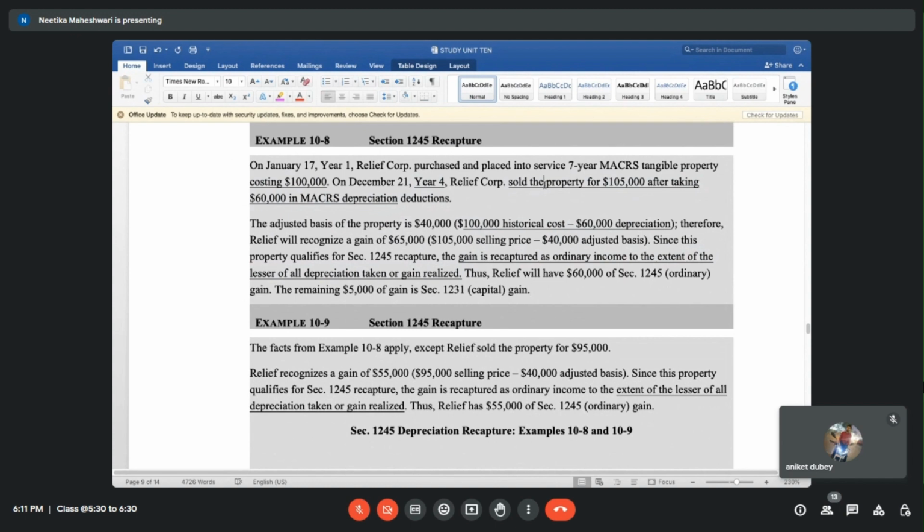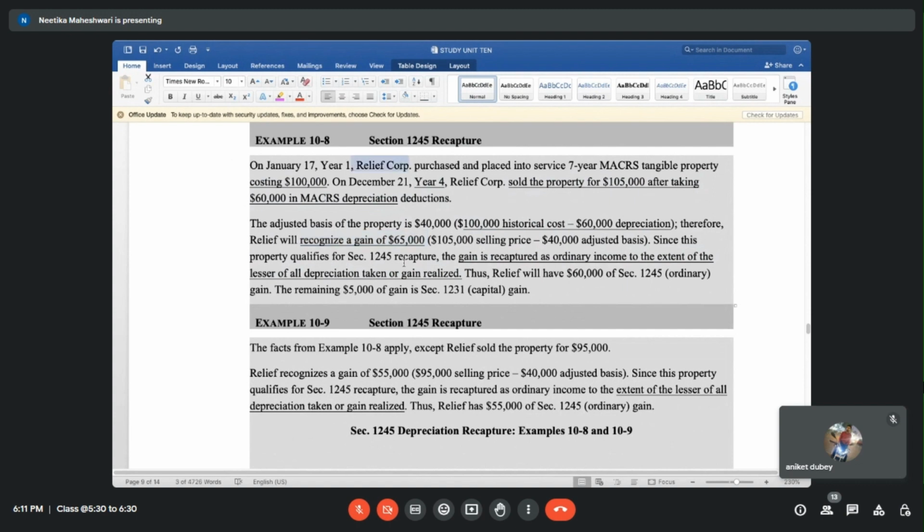Right. So because the selling price is 105,000, obviously basis is only 40,000 because 60,000 has been taken up as depreciation. So now the total gain we know is 65,000. What is more important to understand here is how this total gain will be taxed in the hands of Relief Corporation.